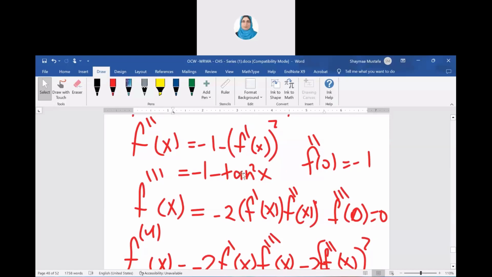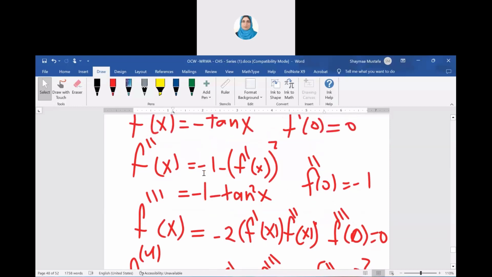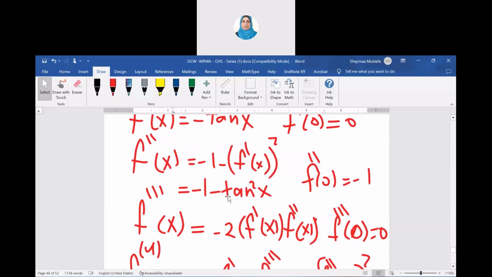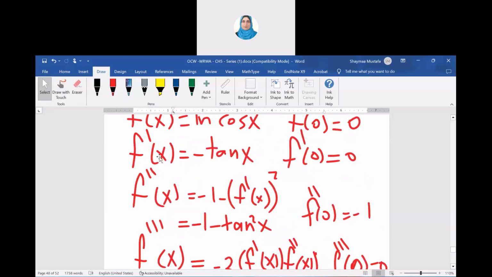You need to calculate this one, minus 2 times this one, because he needs you to use the relation. Okay, so use the relation. You need to follow the instruction.